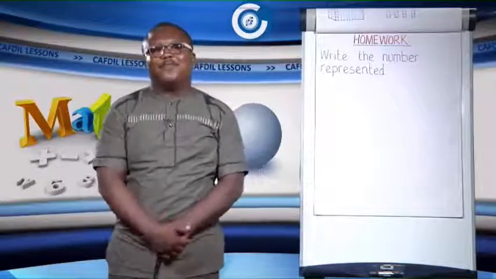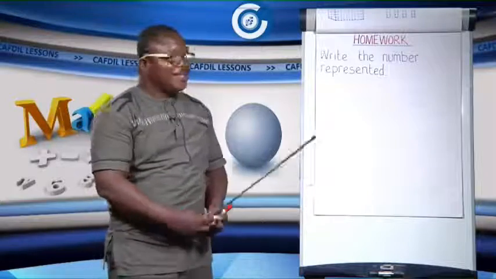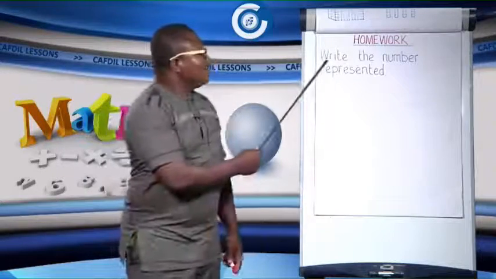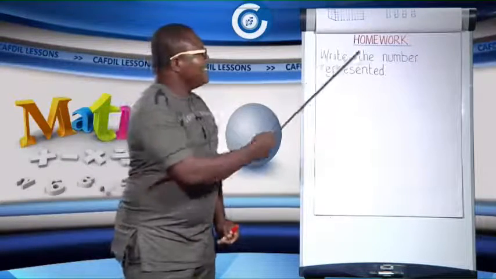So here, learners, I don't want to leave you. I want to give you homework, and you also try your hands on them. Now, write the number represented. Write the number represented.